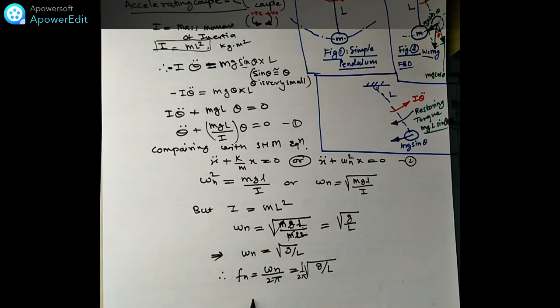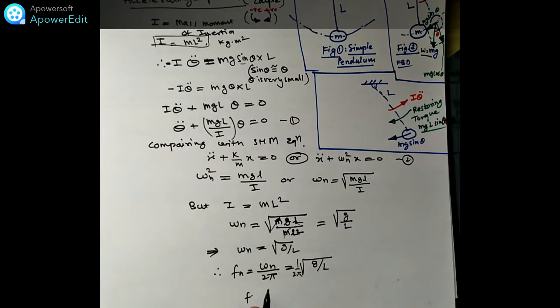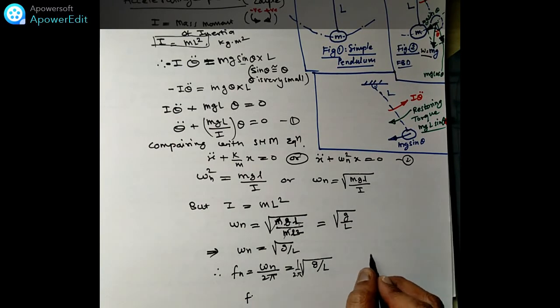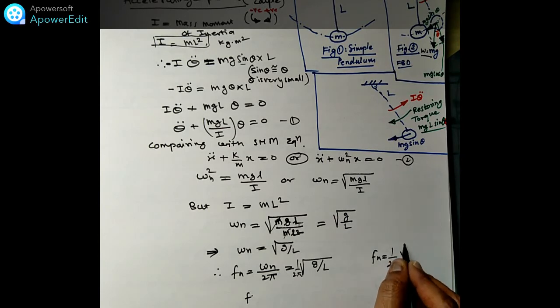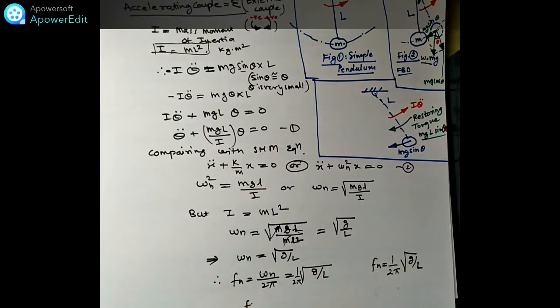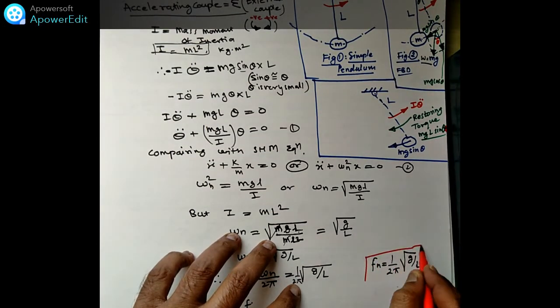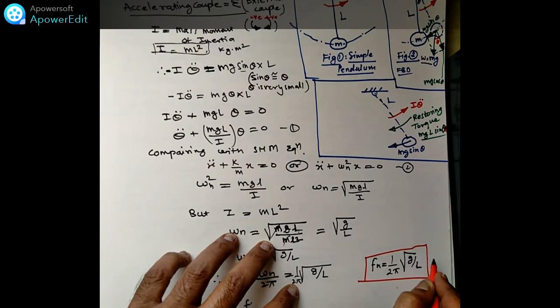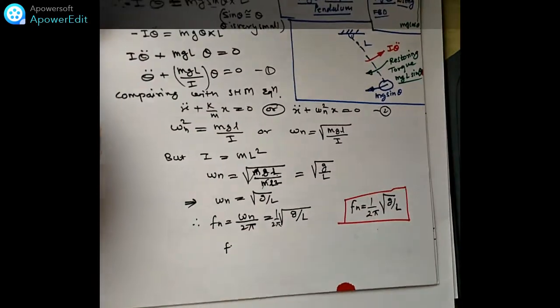The final answer Fn is equal to, in this form we always have to write, 1 by 2 pi under root of g by L. So this is your final answer, friend. I will make it a block.